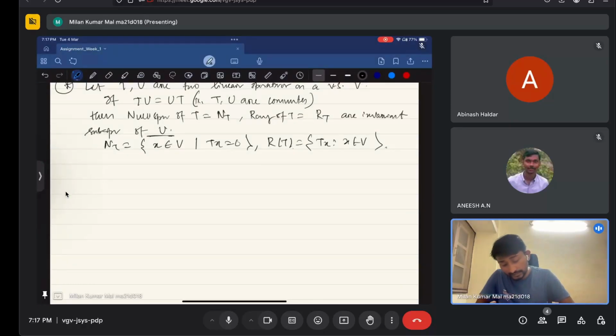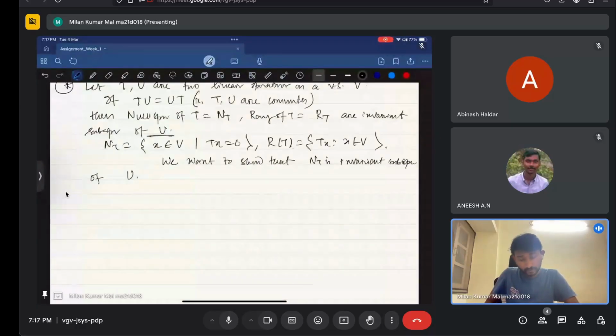So let x be an element in N(T), so Tx equals 0, that we know. We want to show that N(T) is an invariant subspace of U. They are already invariant subspaces of T, that is clear.